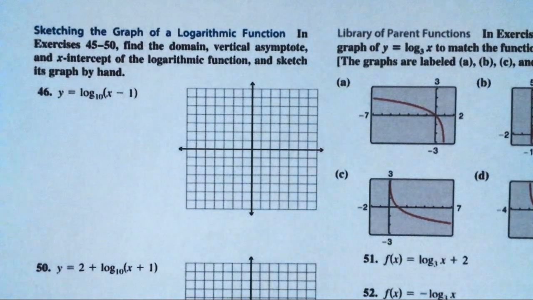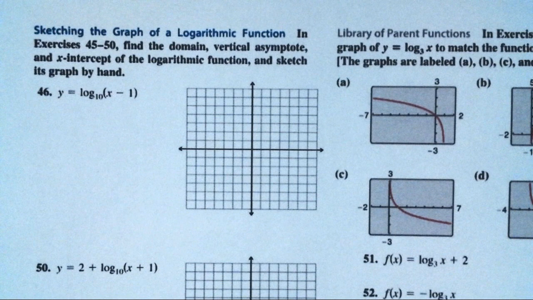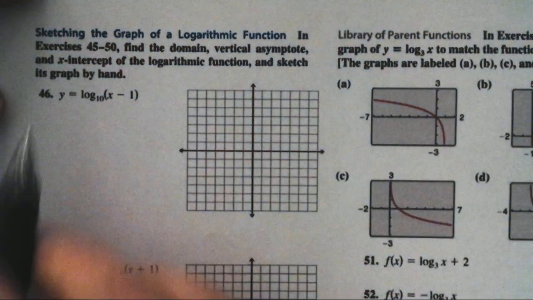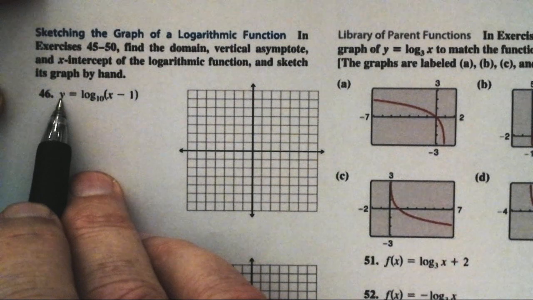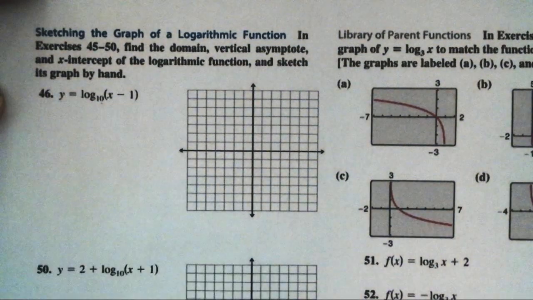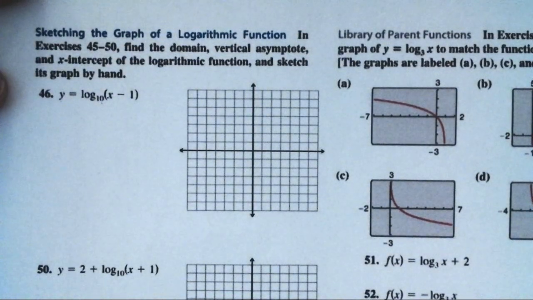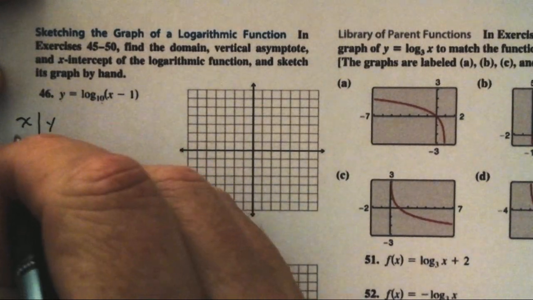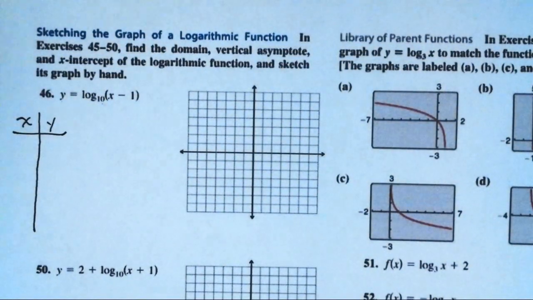But here we go. Find the domain, the vertical asymptote, the x-intercept of the function, and sketch its graph by hand. Okay. So why are the exponents that turn 10 into this x minus 1? So what we would do is we want to pick values of x, but there are going to be some trouble spots for us here.